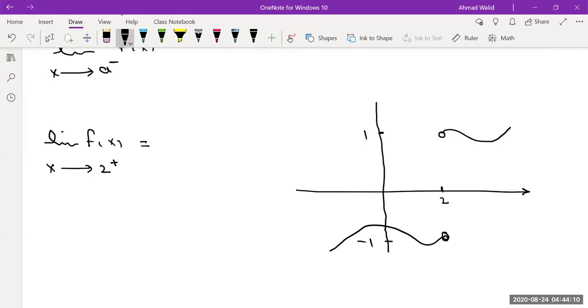It's a one-sided limit, right? Find the limit of f of x. f of x means this function, this graph. This graph is your f of x, both of them. It's looking like a piecewise defined function, correct?